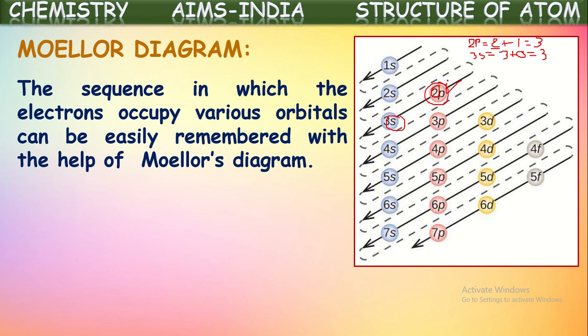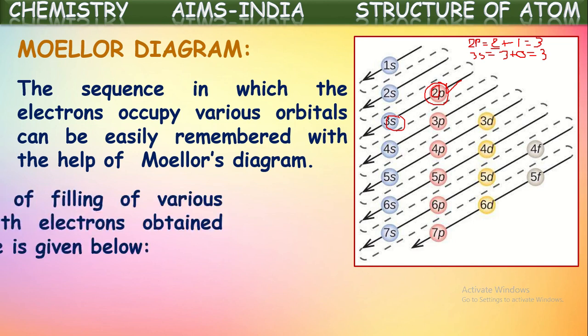After filling this completely with the electrons, then electrons enter the 3s orbital. Okay, in this way, it is giving a clear idea of filling of electrons into different orbitals. So the sequence of filling of electrons into orbitals is shown clearly with the help of the Moeller diagram here. Did you understand? Okay, fine.